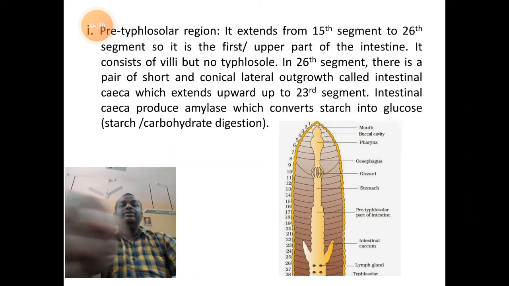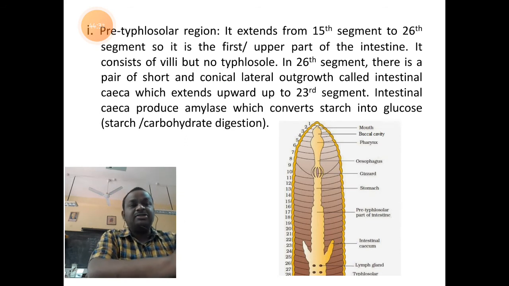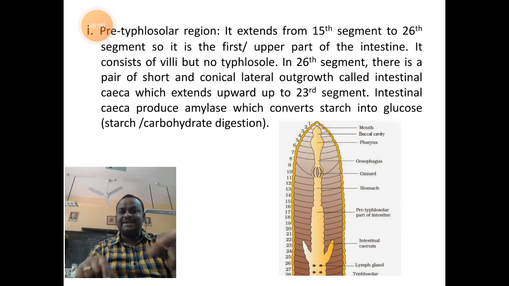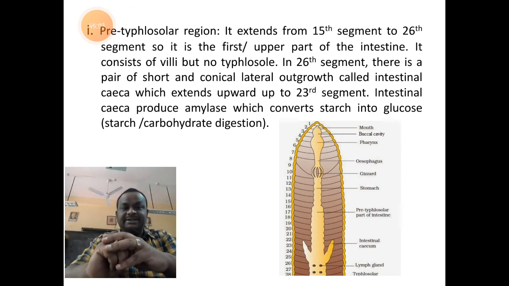Now, the pre-typhlosolar region, as we have understood, starts from the 15th segment to the 26th segment, and this region can be easily identified. How? At the region of 25 and 26, wing-like projections extend. You can see that in the diagram down towards the right side.